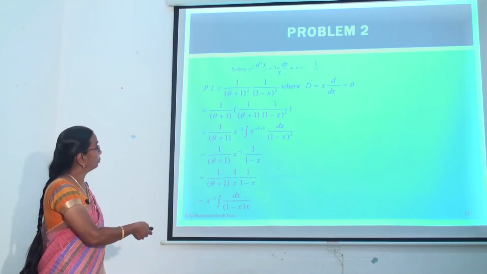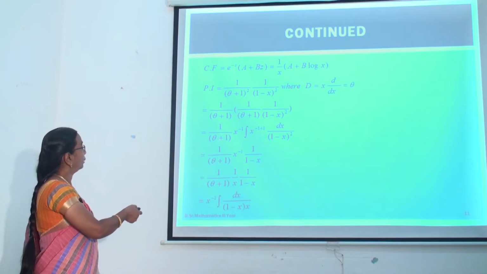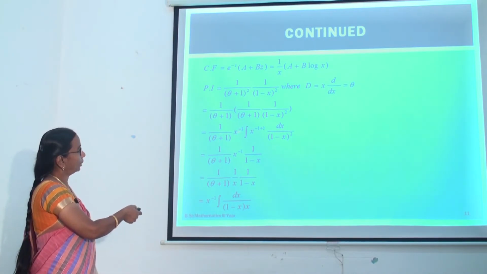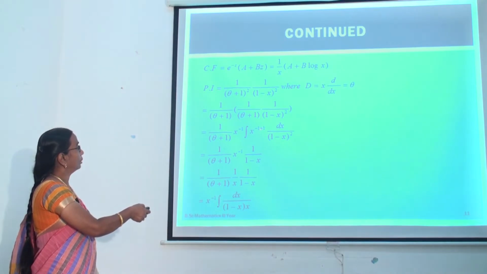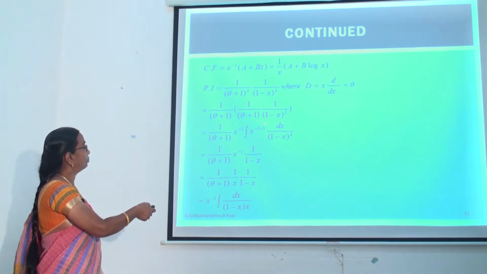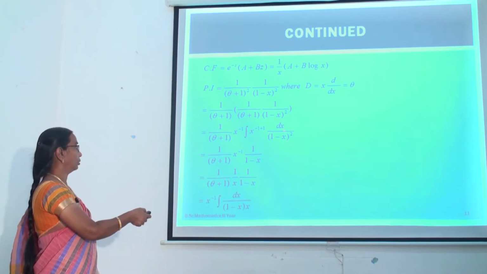Now coming to our problem, it must be 1 by (theta plus 1), so x power minus 1 integral, with alpha equal to minus 1. In the result you will get x power alpha, so minus of minus 1 becomes plus 1, and then minus 1, x to the power minus 1 plus 1 into dx by (1 minus x) whole square.